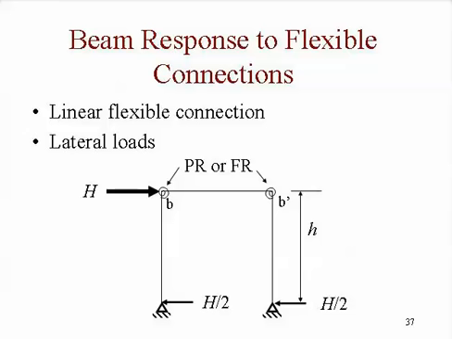But now let's put those connections in a little lateral load resisting system. All right, so we've got this one-story, one-bay frame, and it's got connections at B and B prime, and those could either be PR connections or FR connections.